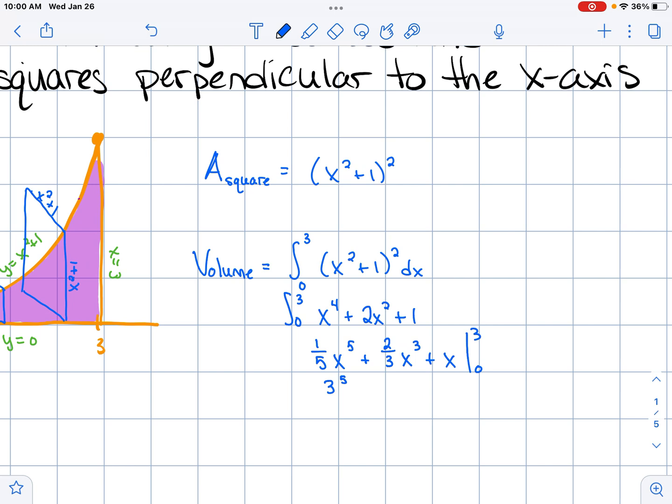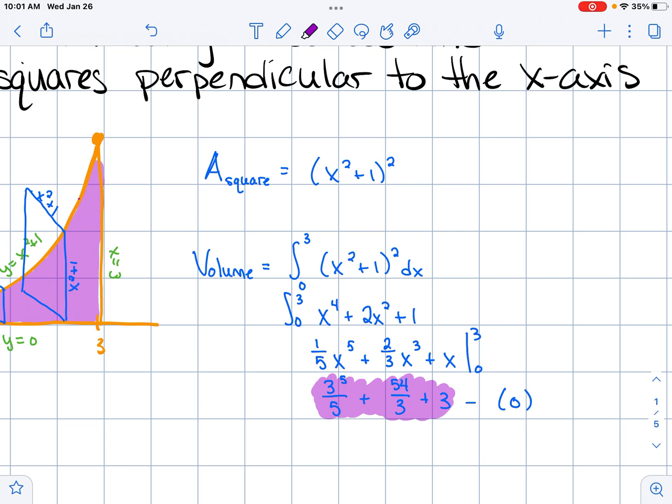So this is 3 to the 5th over 5 plus 2 times 3 to the 3rd, which is 27 times 2, so that one is 54 over 3, plus 3, minus, if I plug 0 into everything, I'll get 0. So there's my final answer. This is the volume of that three-dimensional shape.